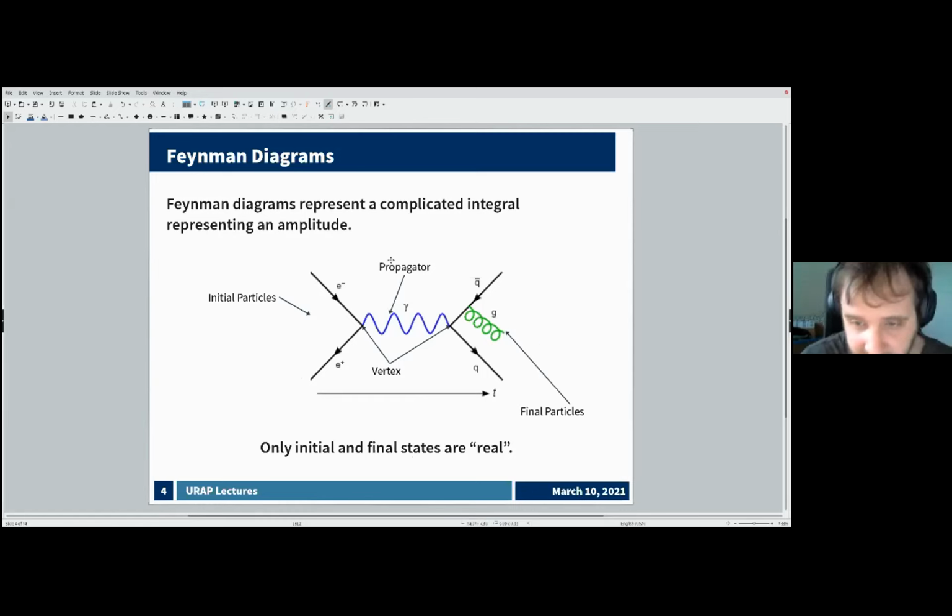Anything in between is a virtual particle, so it doesn't necessarily have to follow the rules of energy conservation. In quantum mechanics, this is related to the uncertainty principle, where you can borrow some energy for some momentum, and then return it back.